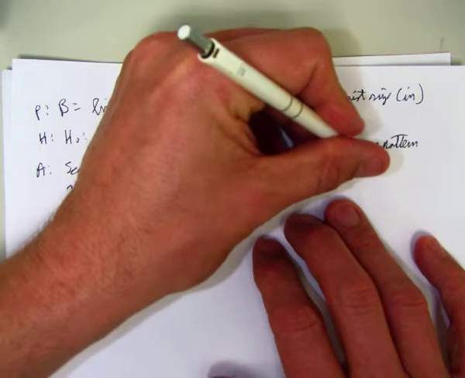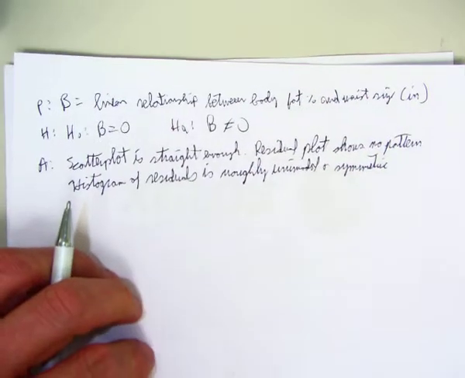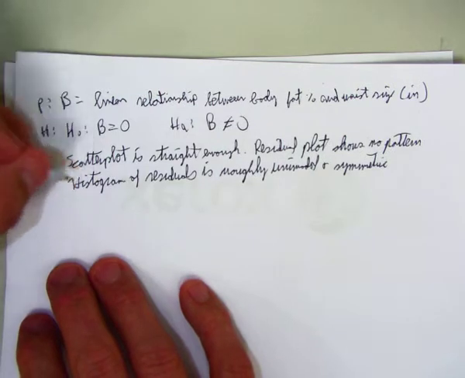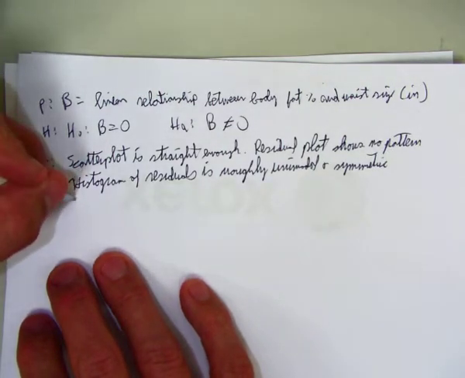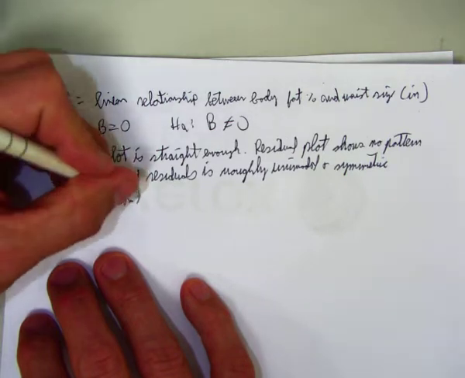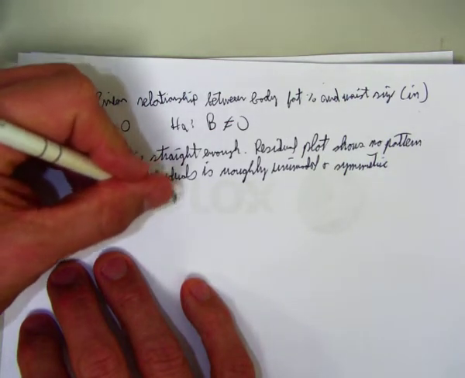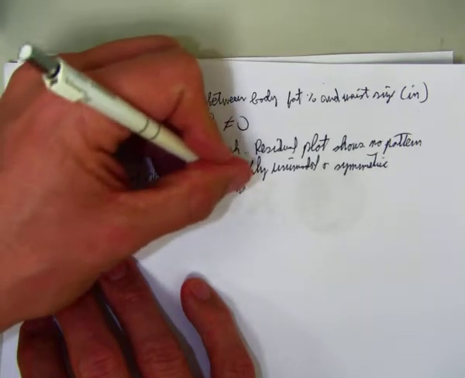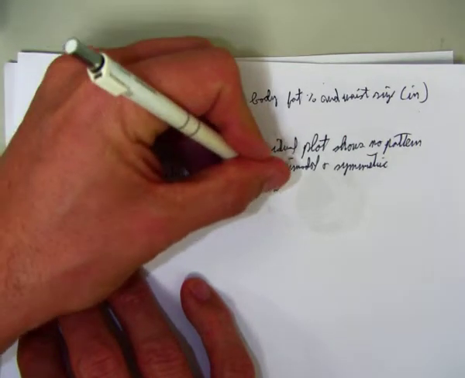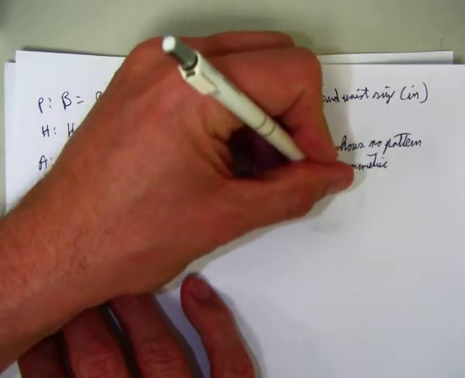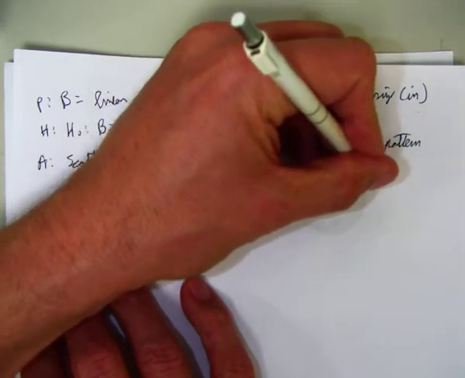And we can make a comment about our normal probability plot, and then each person's body fat percentage and waist size is independent.